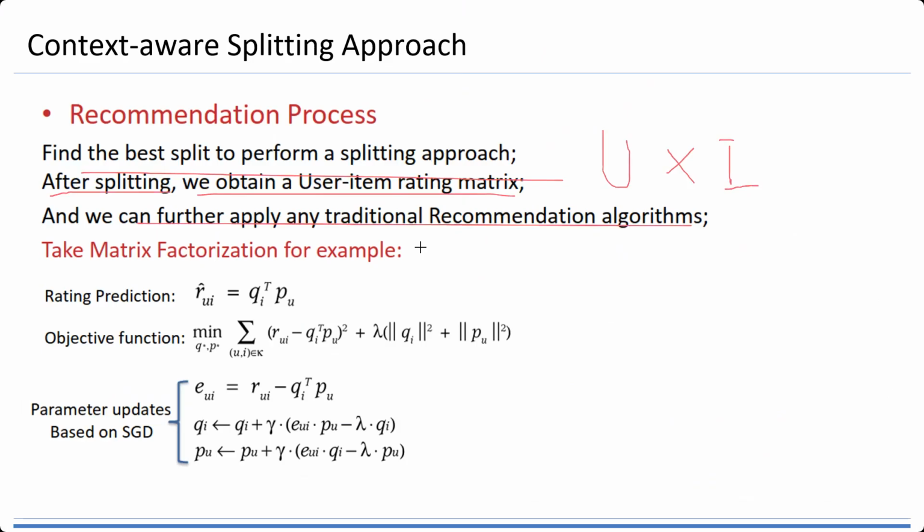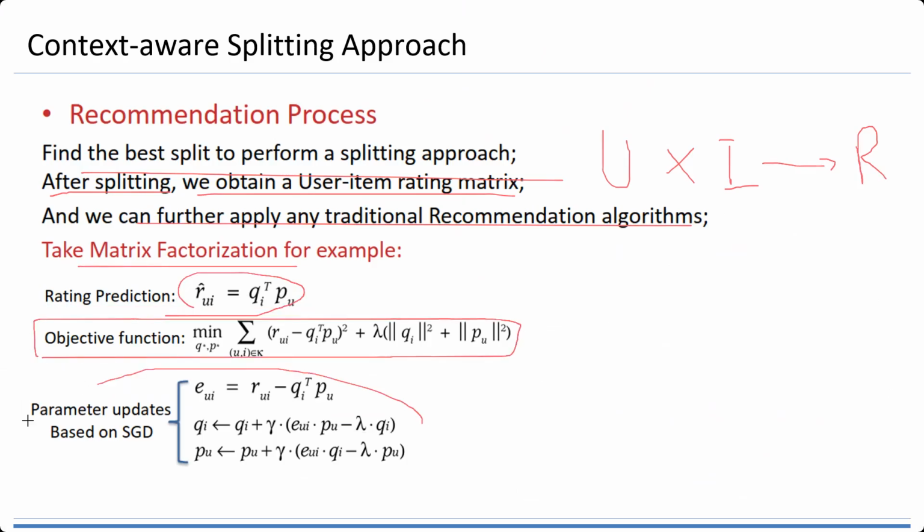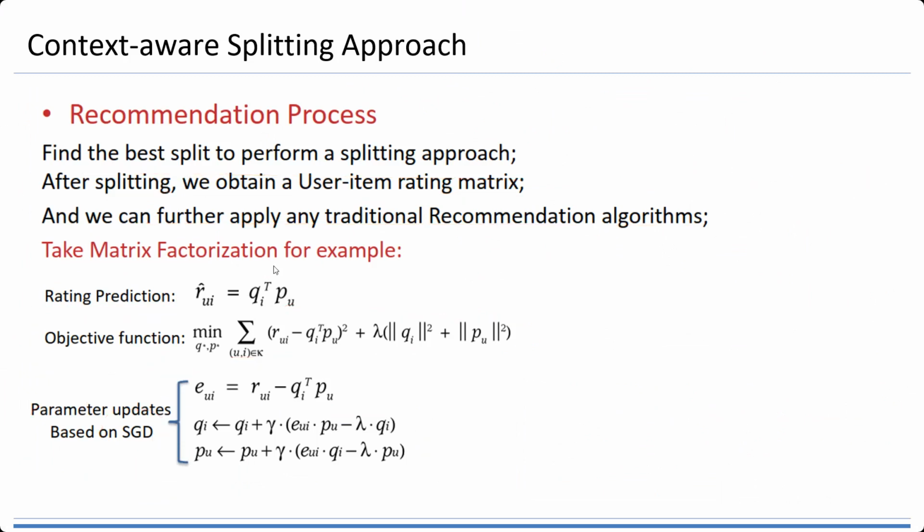For example, you already learned several ways for rating prediction using KNN, or you can apply matrix factorization. Then this is the objective function of the matrix factorization, and we check the parameter updates based on SGD and so on. I will not explain the details of this, since we already learned about matrix factorization before.